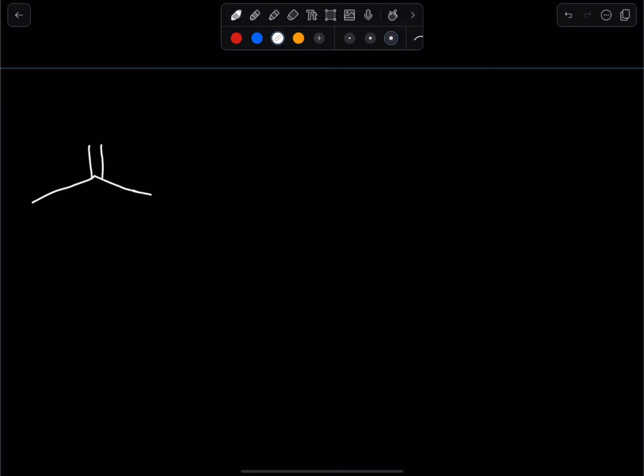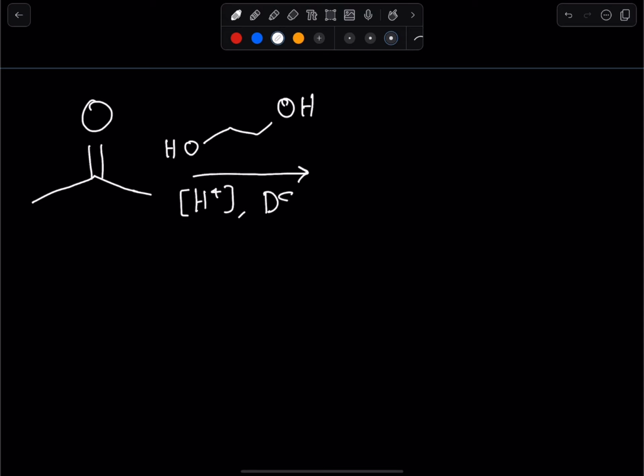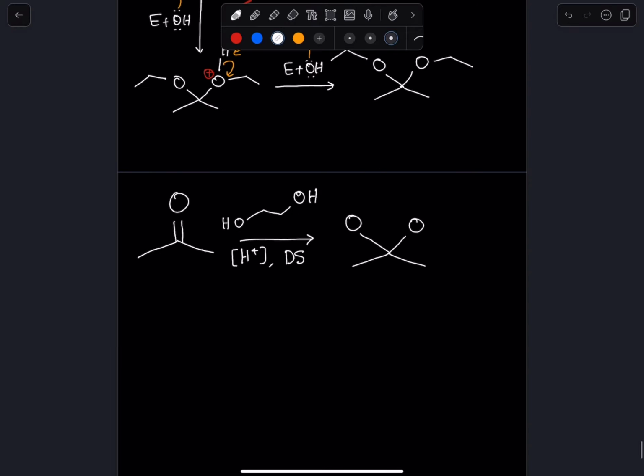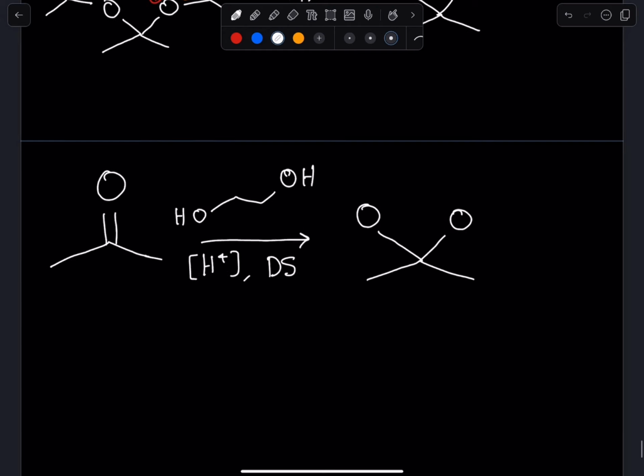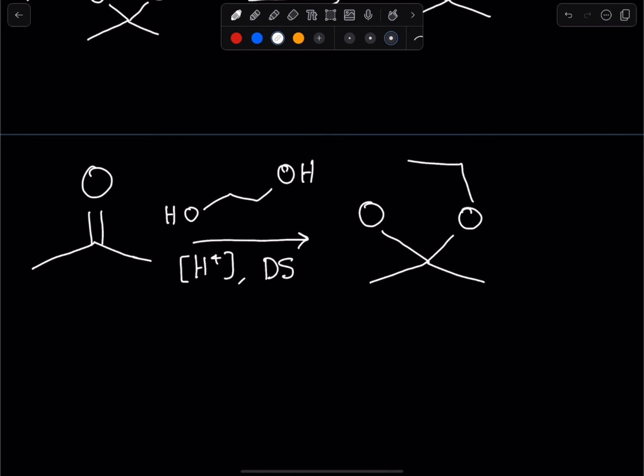Let's say we have the same ketone and I react it with ethylene glycol. So our alcohol here, instead of being ethanol, is this. All right. And we use the same things. We use catalytic acid and we use Dean Stark. Same exact mechanism. However, the product will be a little weird. So notice how this forms, right?